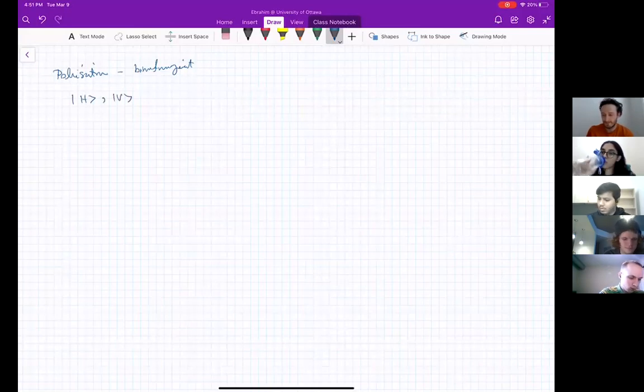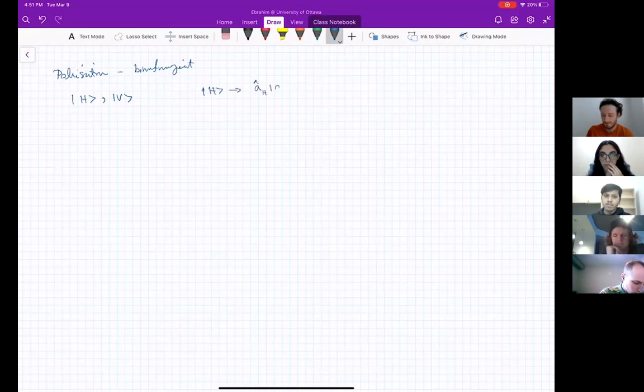When I write this H, I mean that I have a creation operator of H acting on vacuum, or this means that I have one photon in polarization H. Good? It's a dagger, right? It should be a dagger, yes, of course. Thank you.